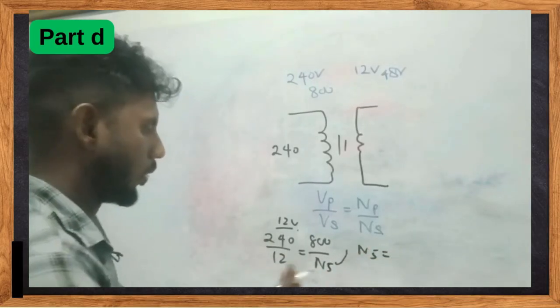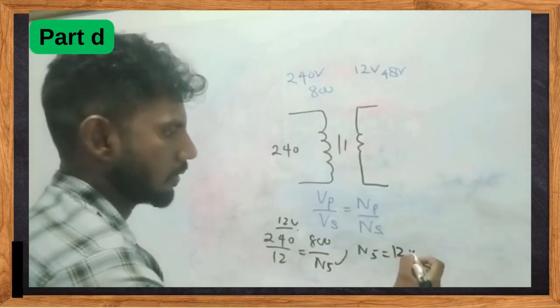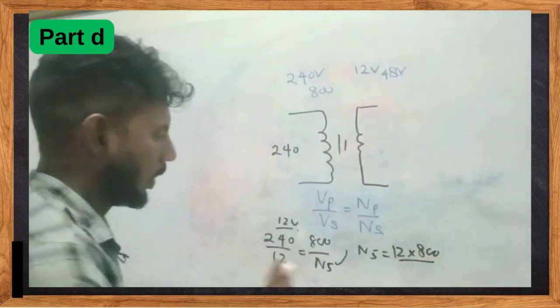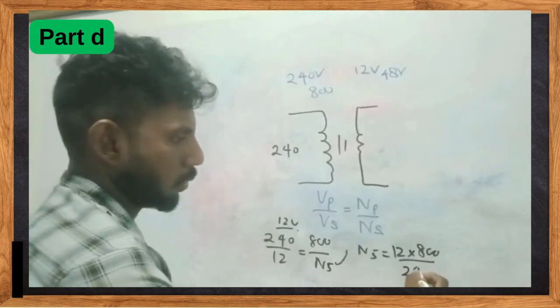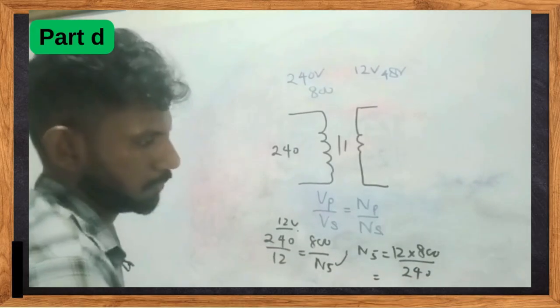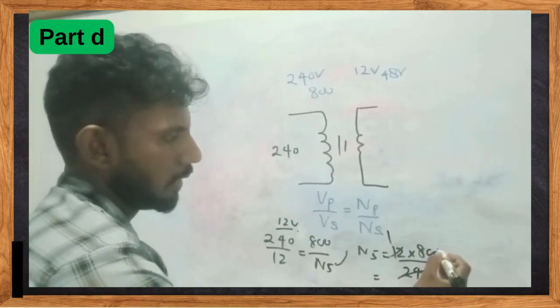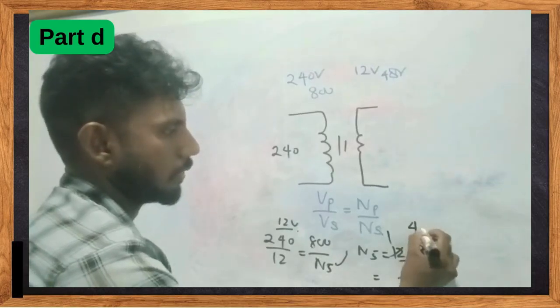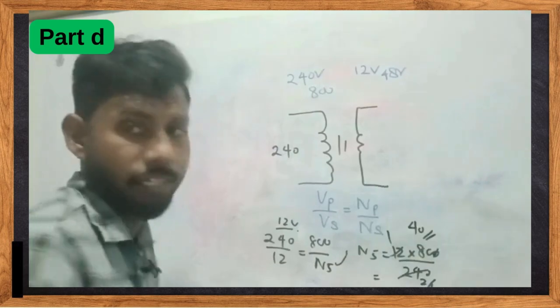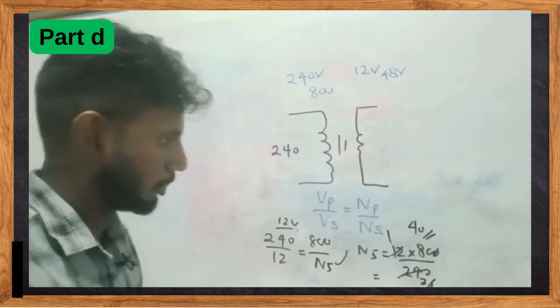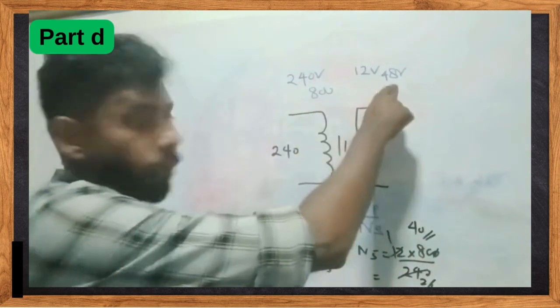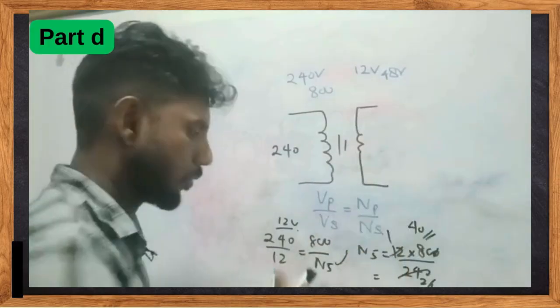So Ns equals 12 into 800, divided by 240. So that's 40 windings. Right. Moving to the next part, then 48 volt, let's do it here.